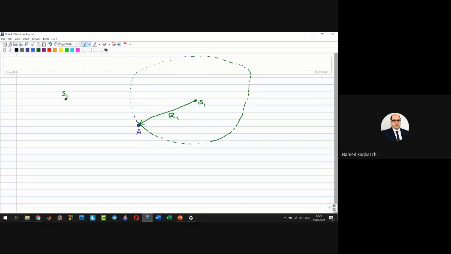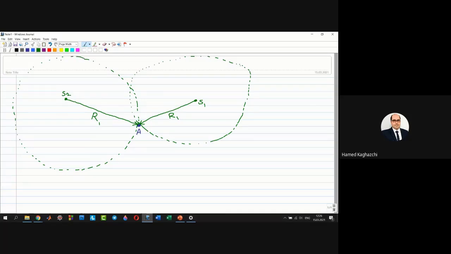This is S2. Again, our device received this information also. And the delay of this signal received by this device gives us our distance, and this distance also is the radius of this circle with the center of S2.